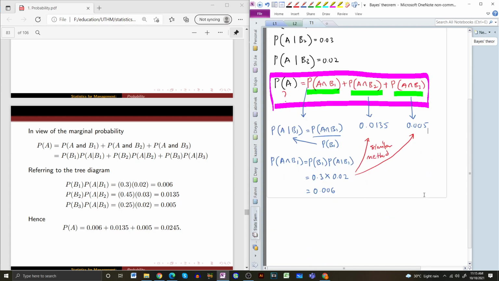So the answer is, if I want to find the probability of defective, this is the answer.